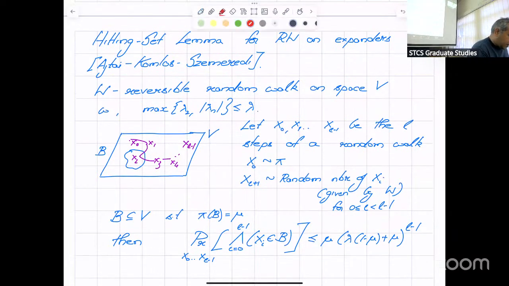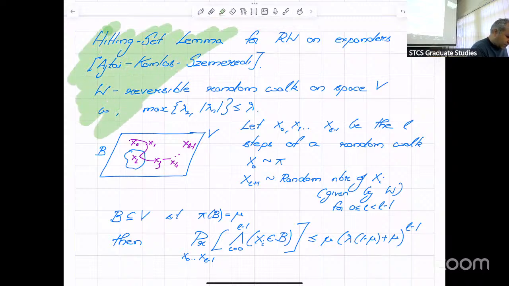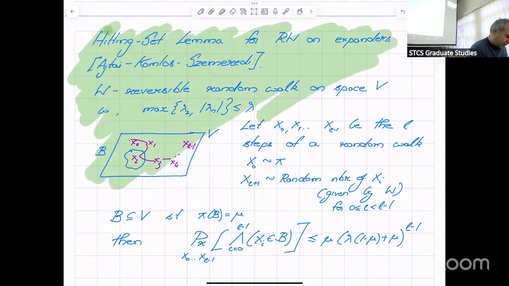Is the statement clear? It's a longish statement, but it's a very clean statement.